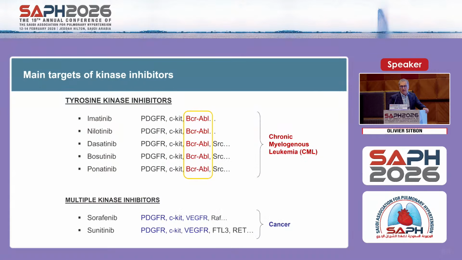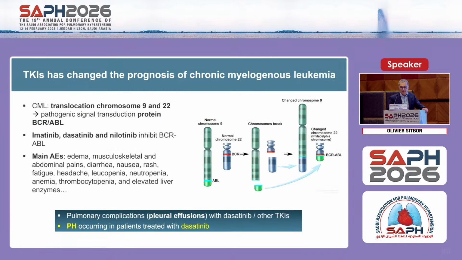All those tyrosine kinase inhibitors target BCR-ABL, and BCR-ABL is very important in chronic myelogenous leukemia. CML is characterized by the translocation of chromosomes 9 and 22, leading to a pathogenic signal transduction protein, BCR-ABL.